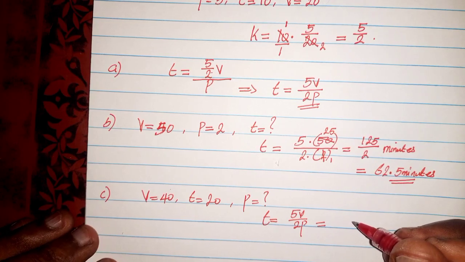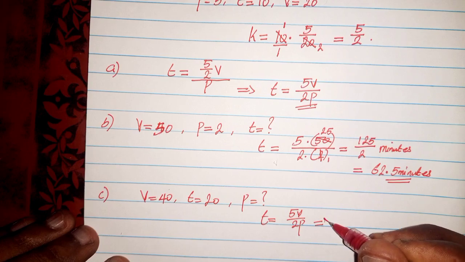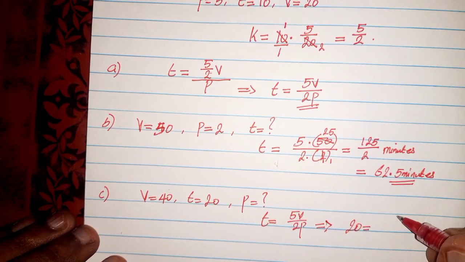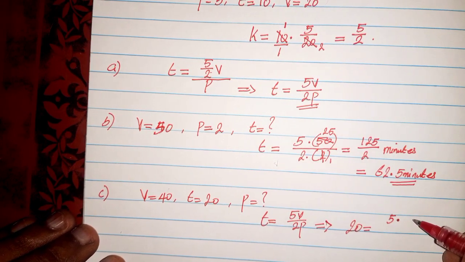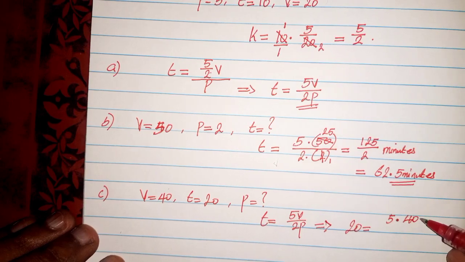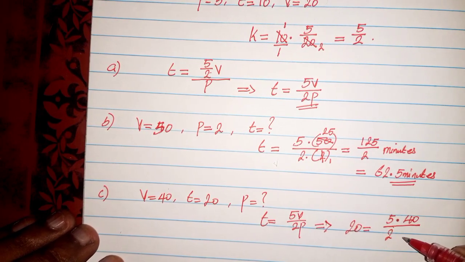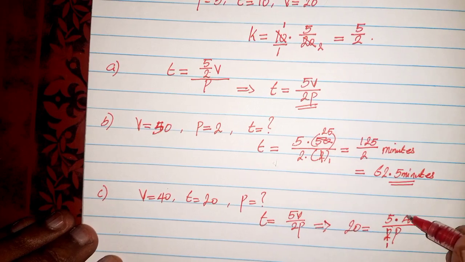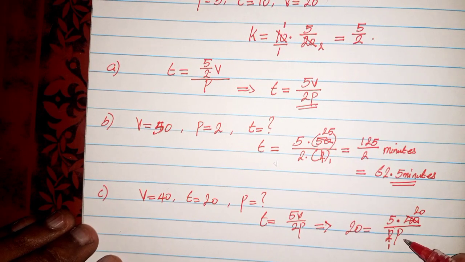What you'll have here is that T is equal to 20, so you just put 20 here. 20 equals 5 multiplied by our V, which is 40, and then all over 2 multiplied by your P, which is unknown. So we can simplify further by saying 2 can go into 2 once, and 2 can go into 40 20 times. So let's make P our subject of formula.